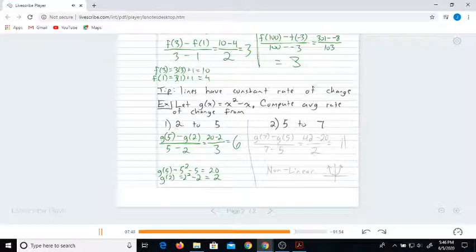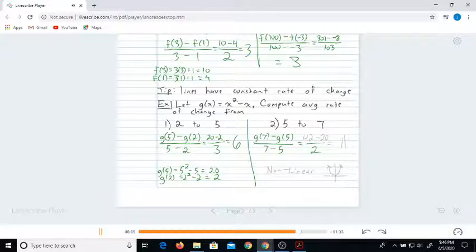Now let's go ahead and evaluate average rate of change from 5 to 7. So that'll be g at 7 minus g at 5 over 7 minus 5. So that's 2.